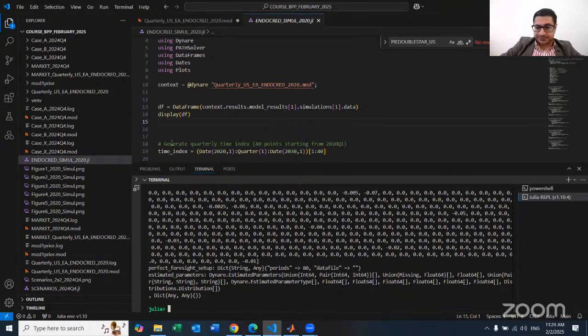But to get all the results, we are interested in getting the perfect foresight simulations. And here's the link to get that. From context, we go inside the context results, inside the results, model results one, inside that simulations one, and data.